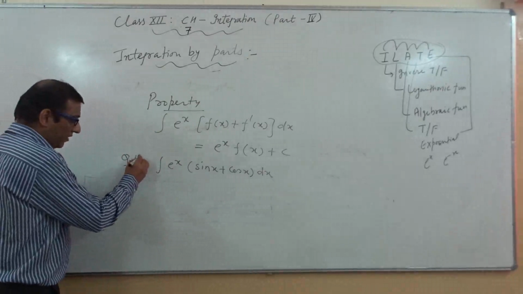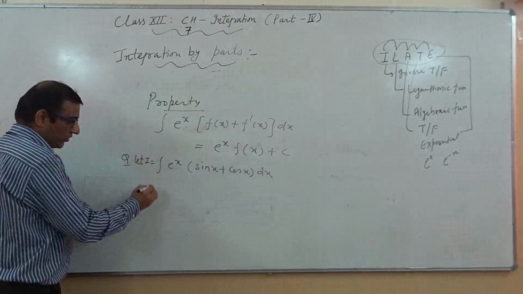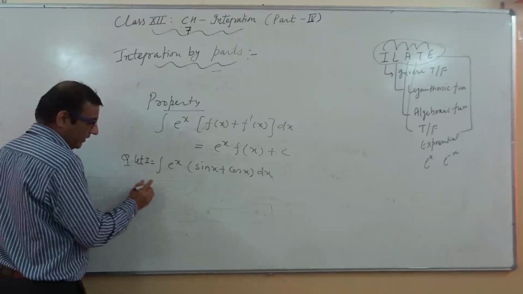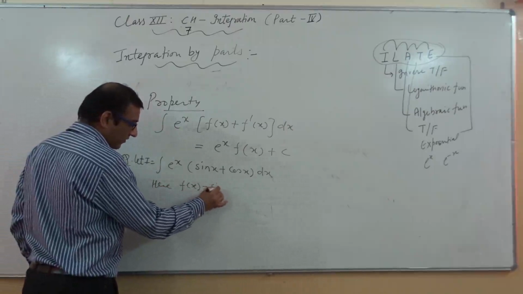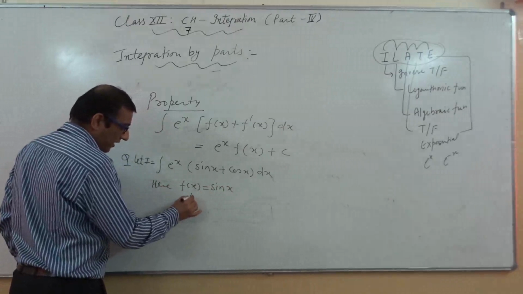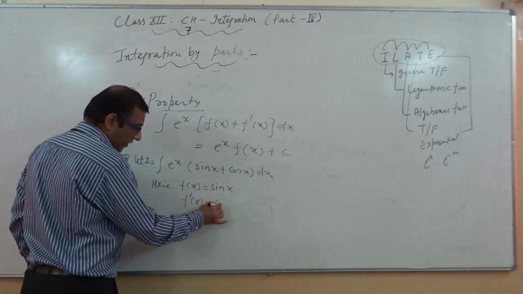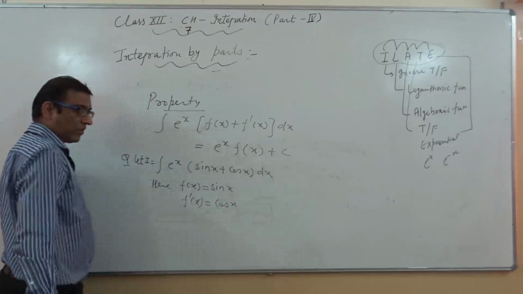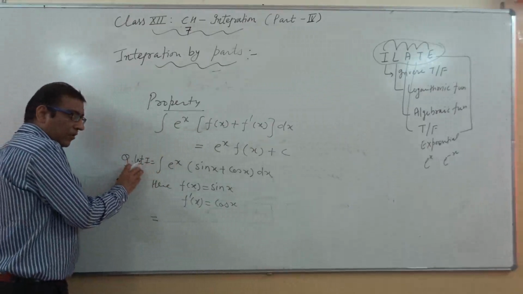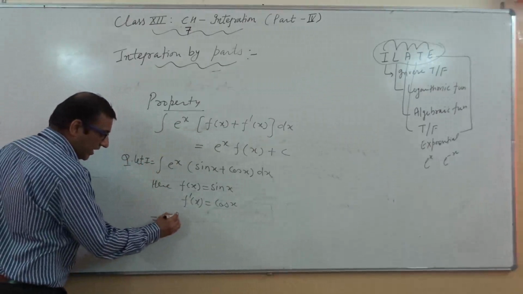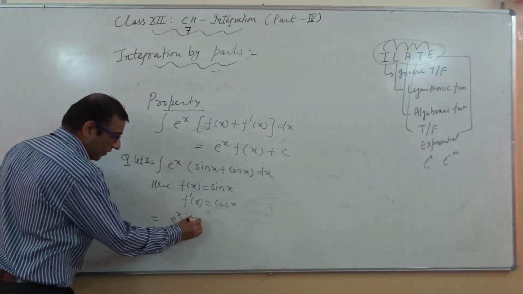How can we represent the answer of such a question? Here f(x) is sin x, and if we differentiate f(x), we get cos x. With the help of this property, the answer of such a function is e raised to the power x into f(x) plus c.